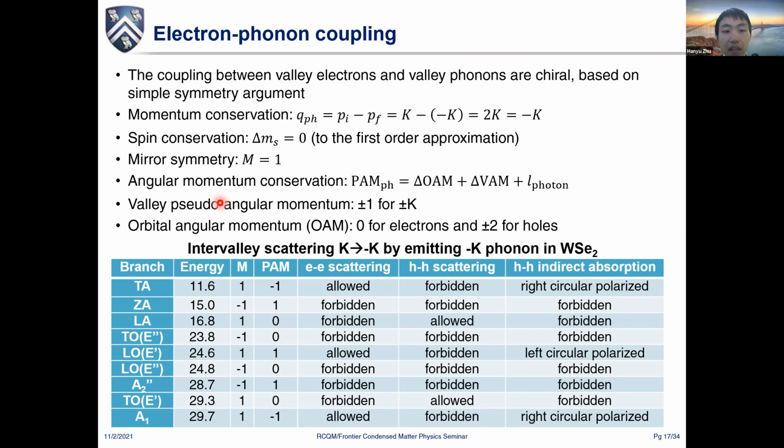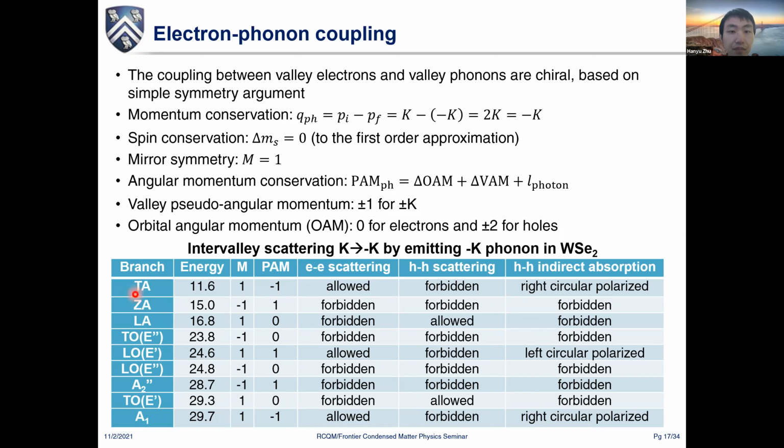The valley pseudo-angular momentum is defined by plus minus 1 for either k or minus k value. And then the orbital angular momentum is defined by the electronic wave function. If it's a dz or dz square orbital for the conduction band, then OAM is 0. And if it's a dxy orbital, it's plus minus 2 for holes. So adding up all together, we can list a table of different scattering mechanisms related with different phonons.